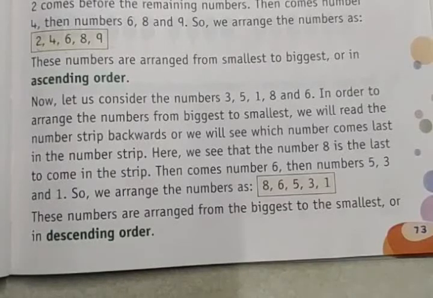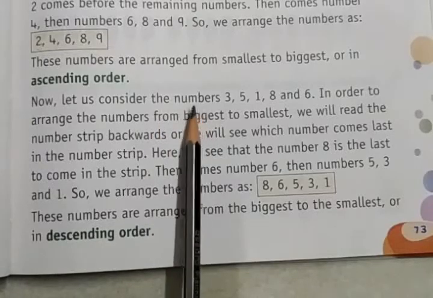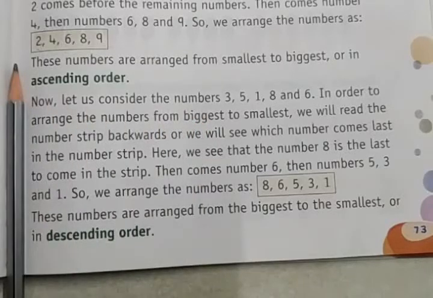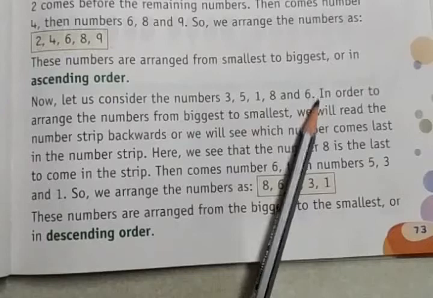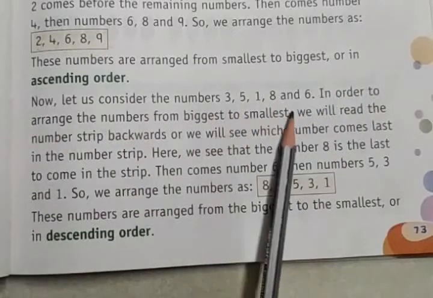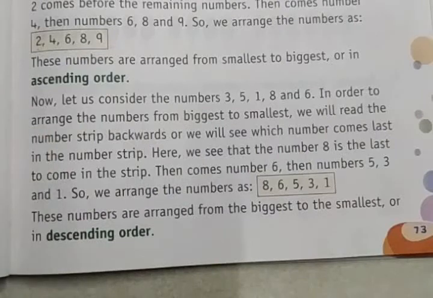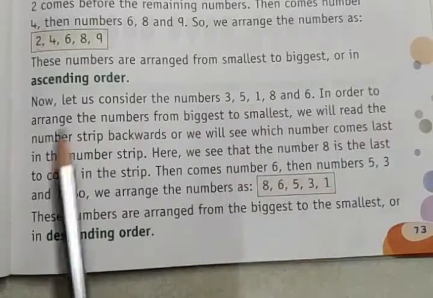Descending order means arranging the numbers from biggest to the smallest. Now let us consider the numbers 3, 5, 1, 8, 6. In order to arrange the numbers from biggest to smallest, we will read the number strip backward.